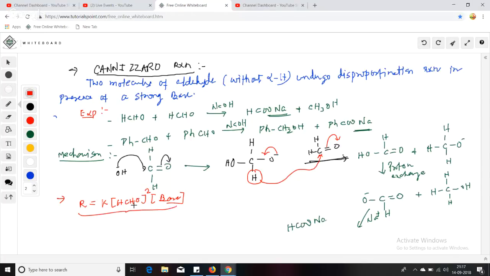So this is 2 molecules we have in this, so it is bimolecular.